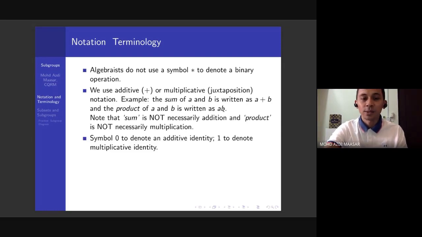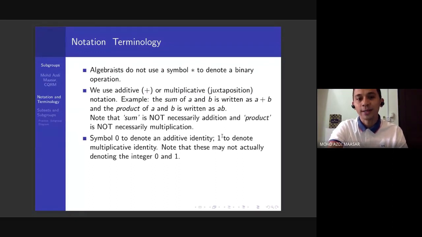Next is the notation or symbols for identity. We use the symbol 0 to denote additive identity, and we use the symbol 1 to denote multiplicative identity. Again, 0 does not necessarily mean the integer 0, and 1 does not necessarily mean the integer 1. Because if we work in a group of integers or numbers, we know that 0 is 0, but in the more general case, these are just notation.